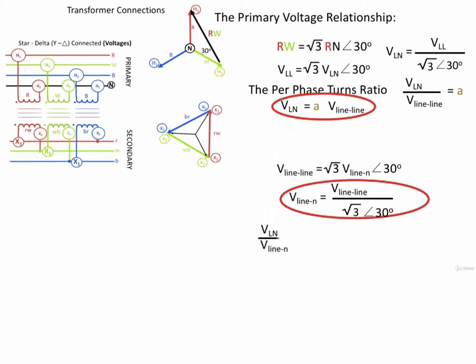So if I bring the left-hand side of the equation down, I've got the voltage line-to-neutral all over the voltage line-to-neutral, primary to secondary. Now I have to bring down the right-hand sides of the equation and do the same thing with them. A voltage line-to-line all over the fraction that you see there, voltage line-to-line secondary, and that is all over root 3 at 30 degrees.